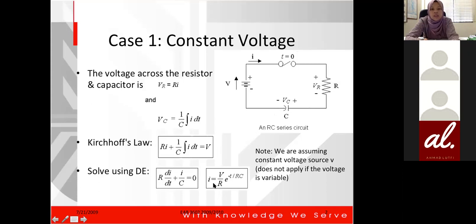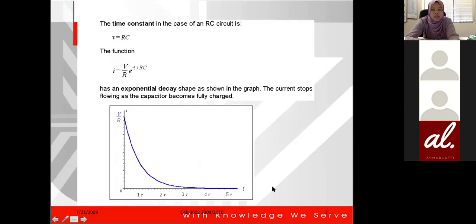Okay, so kalau kita tengok equation I ni, bila ada capacitor, I ni is equal to V over R multiplied by exponential T over RC. So it's an exponential punya equation kan? Exponential equation ada negatif. Apa maksud dia? Maksud dia I tu akan berkurang.